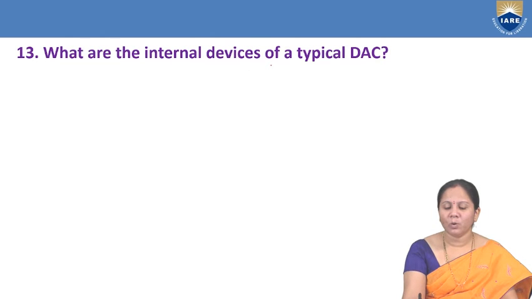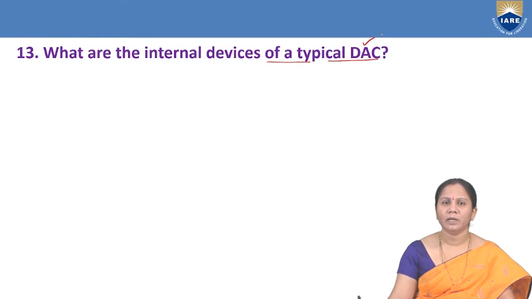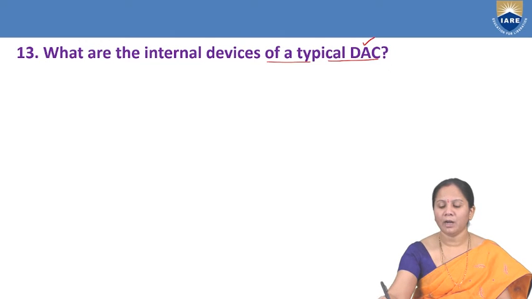Next, what are the internal devices of a typical DAC? Here DAC stands for digital to analog conversion. They are asking what internal devices are present to perform digital to analog conversion.